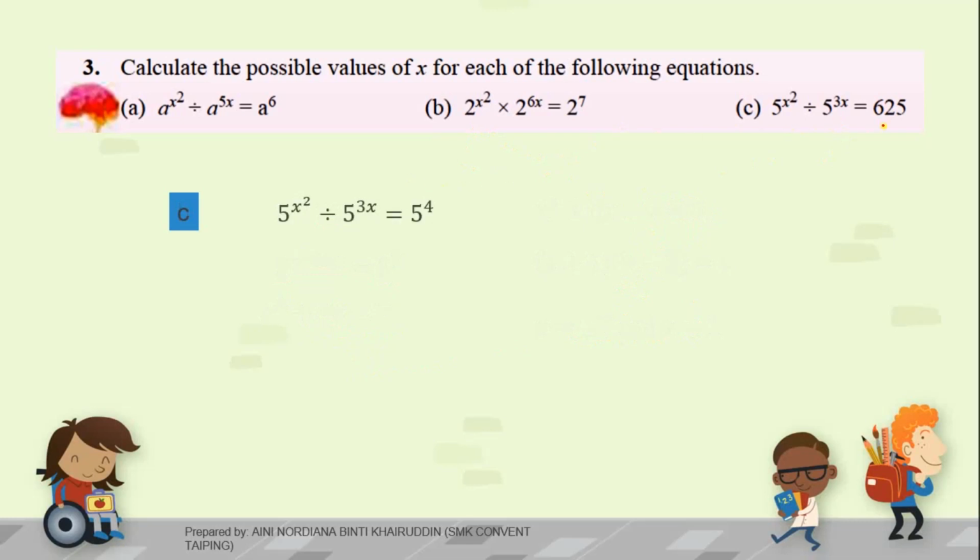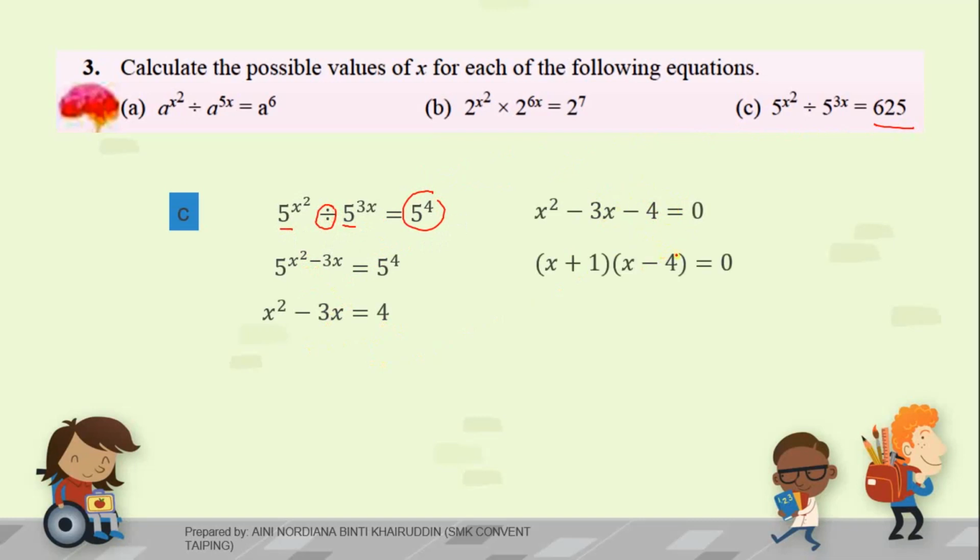So I change 625 to 6 to the power of 4, so that these are equal. Then this is divide, so minus. So change to general form of quadratic equation, and you'll get the values of x are -1 and 4. This is the answer for C.